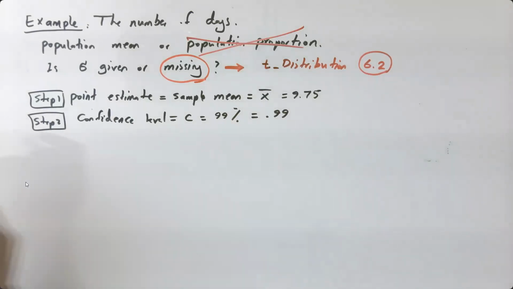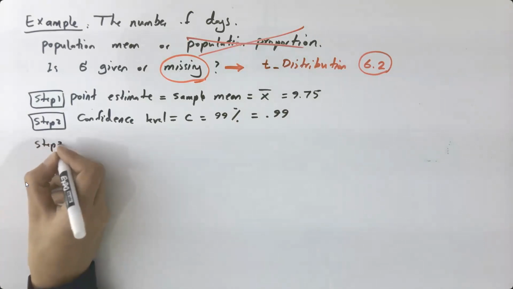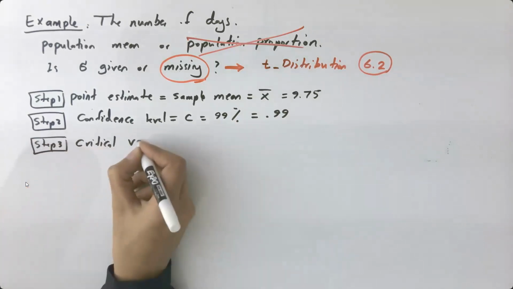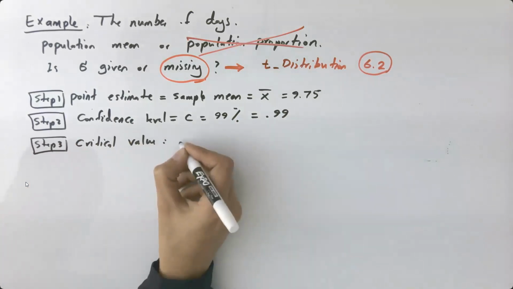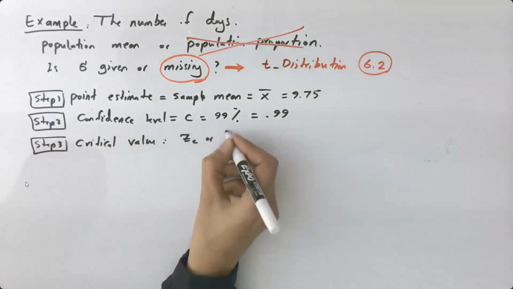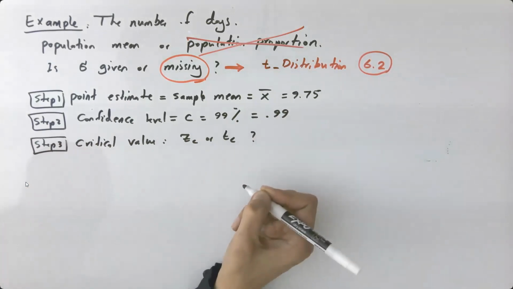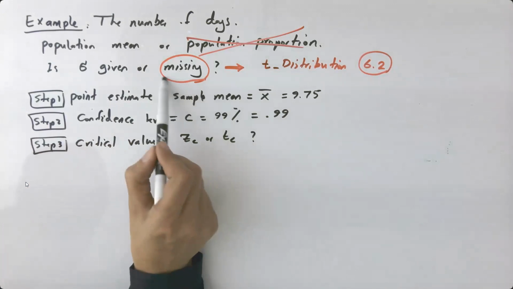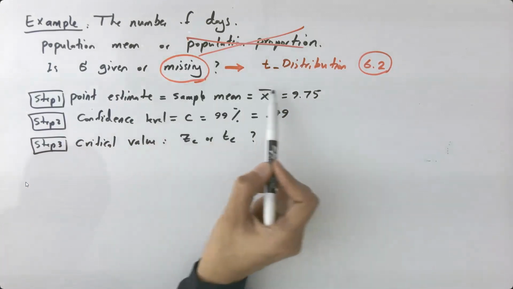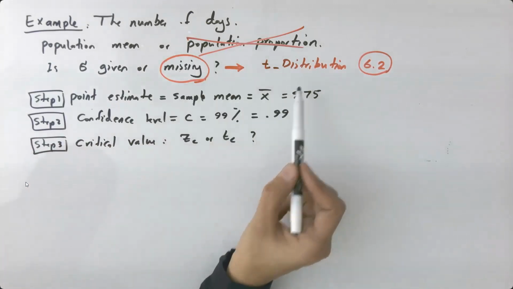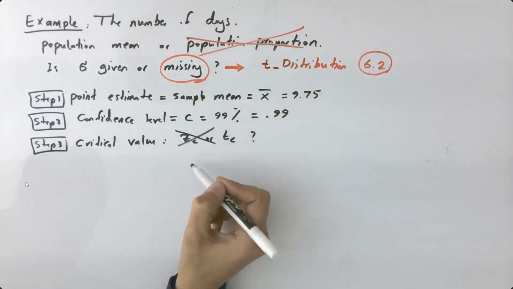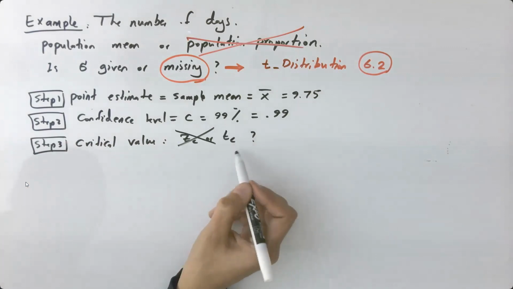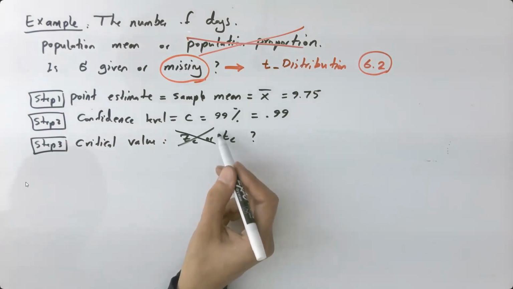What is my next step? Step 3. What is my critical value? Guys, critical value, ZC or TC? Which one? Remember that. Sigma is missing. We are using a t-distribution. It means that we are not allowed to use ZC. We must use TC.